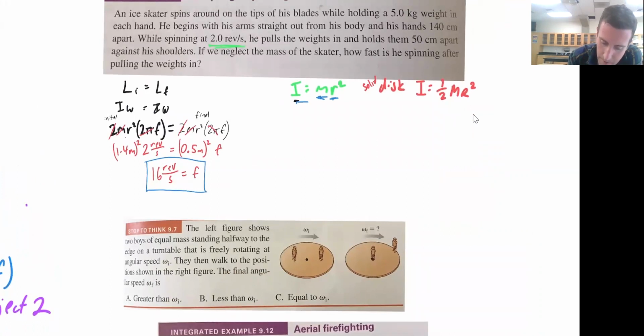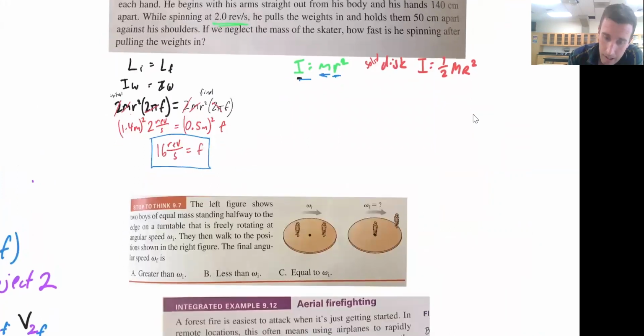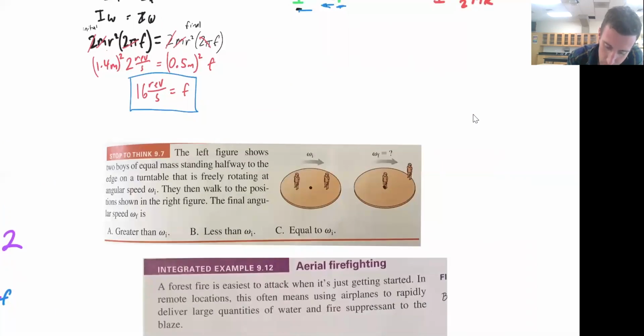So I'm looking at m r squared. In this case, I have 2 of them that each have a mass, and the masses haven't changed, so I have 2 times the mass times a regular radius, m r squared.